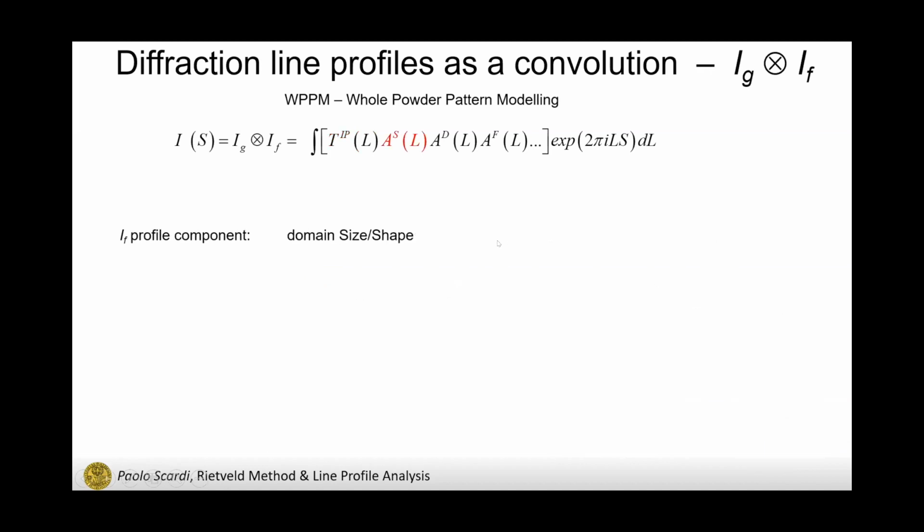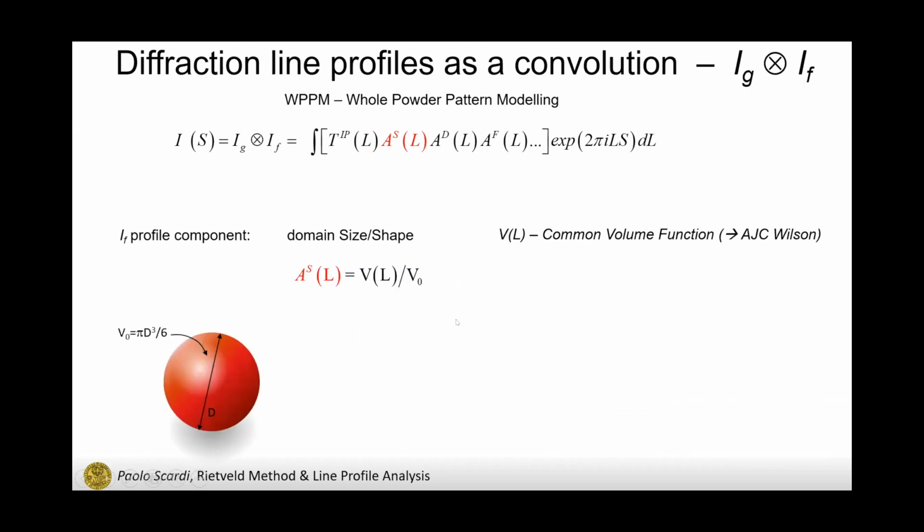Now, what about the microstructural terms? For the size effect, the Fourier transform is given by the so-called common volume function. You can see details in Wilson's work in the 1940s. Here we see the expression for a spherical domain.